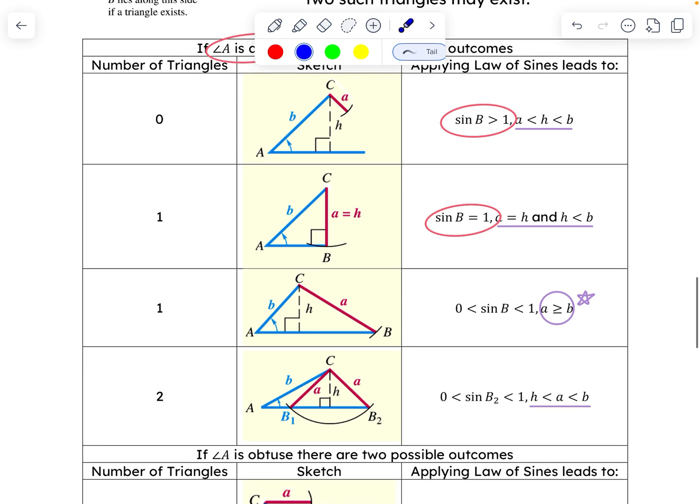Then you've got two options down here where it is between 0 and 1. So when you're looking at that, you've got to decide, is the side length A greater than or equal to B, or is the side A less than B? And that's how you can tell if it's one triangle or if it's two triangles. So you're still going to use your law of sines here to help you. And once you figure out what that sine of B is, if it's greater than 1, if it equals 1, or if it's between 0 and 1, that helps you break down what your options are.